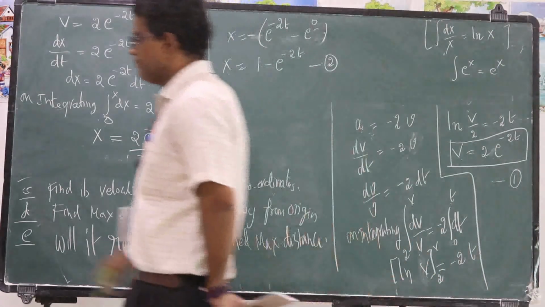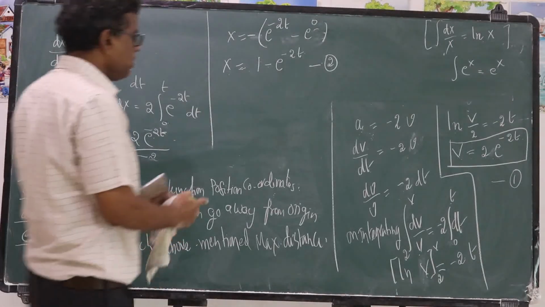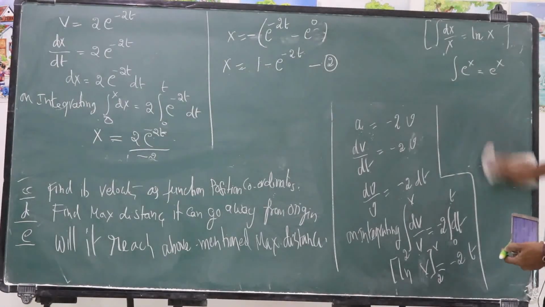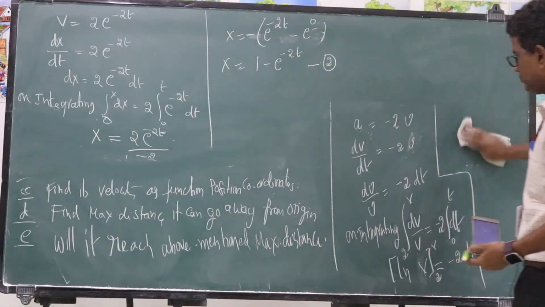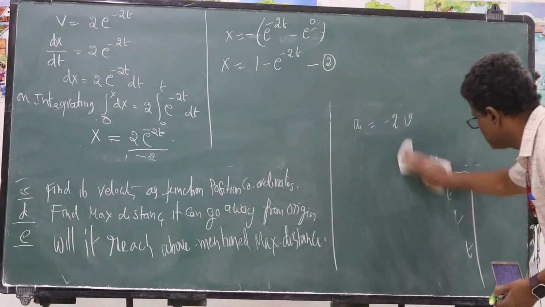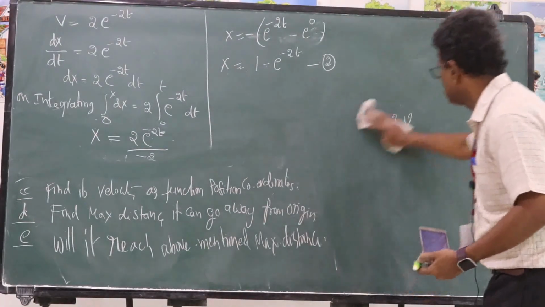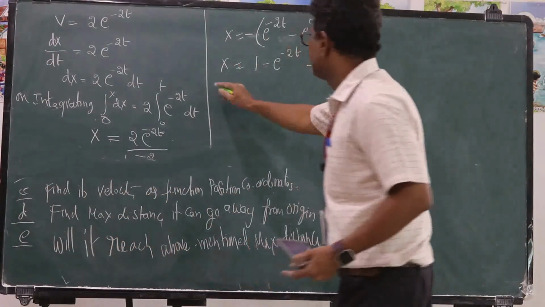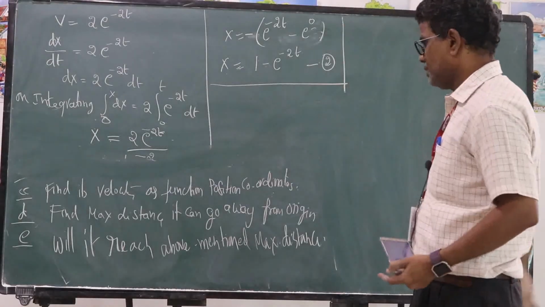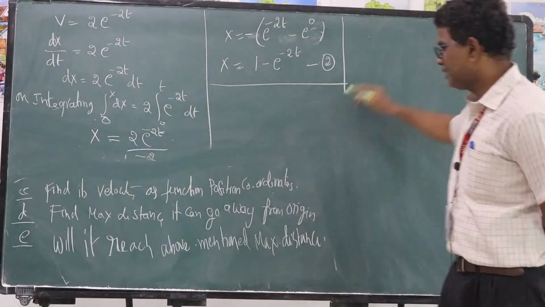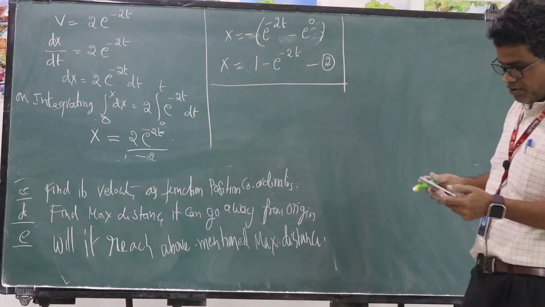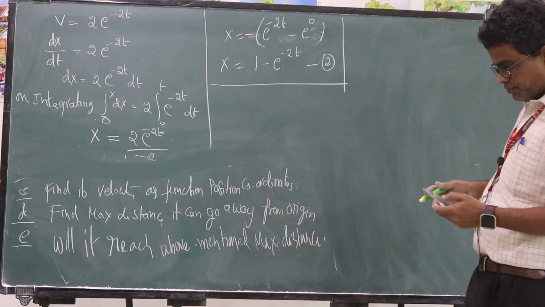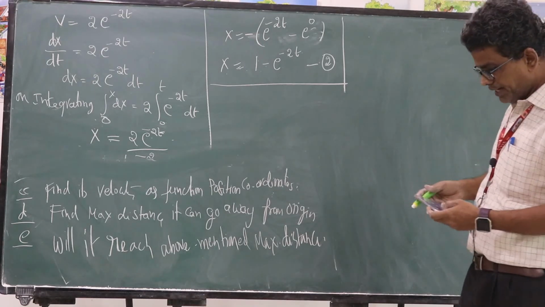So I will write here velocity as a function of position. What is the given expression?